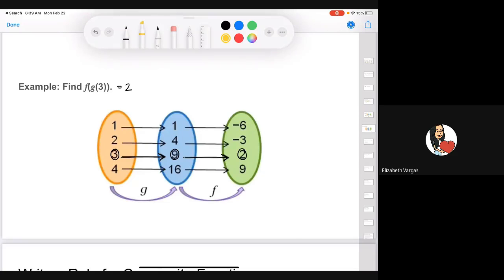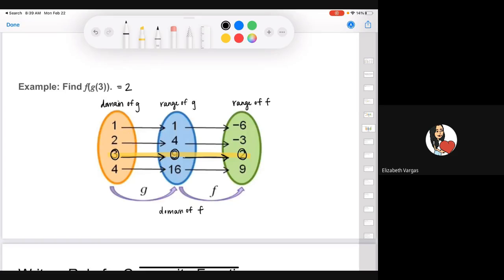Because what you're going to do is follow along that line and identify what f results in its range. So remember, this is the range of f. This is the domain of g. So what we insert into g, this is the resulting range of g, but it's also the domain of f.